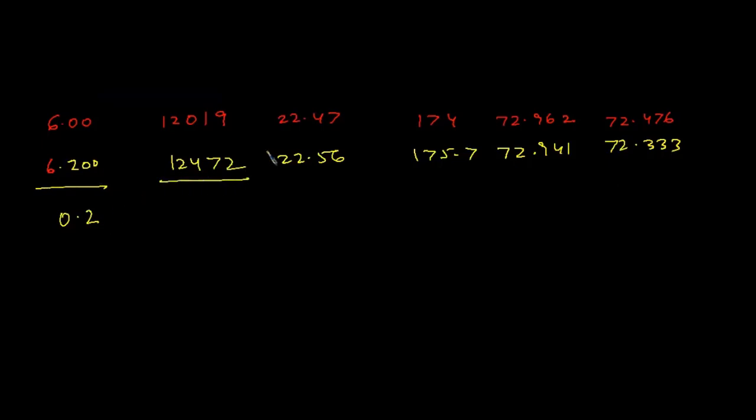If we have an Excel sheet, nothing like it, but in the exam it's not allowed, so we need to do it manually. 12472 minus 12019 is 453. And 0.56 minus 0.47 is 0.09.